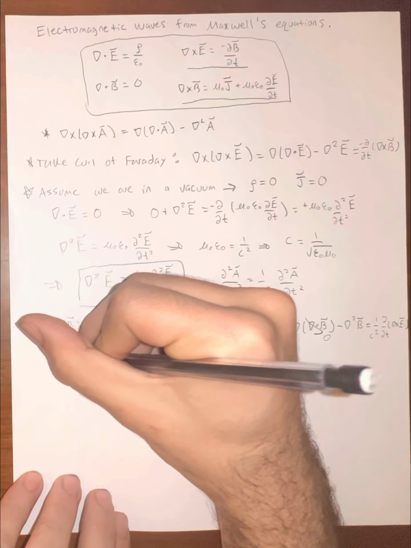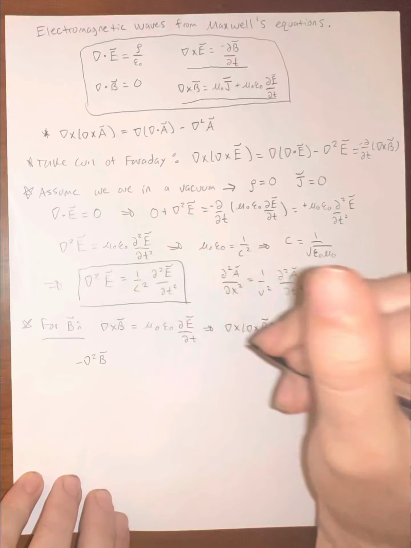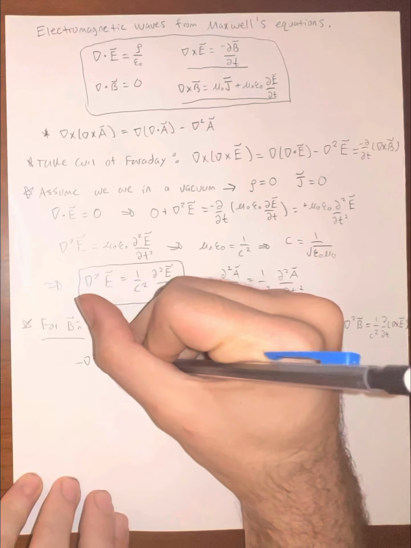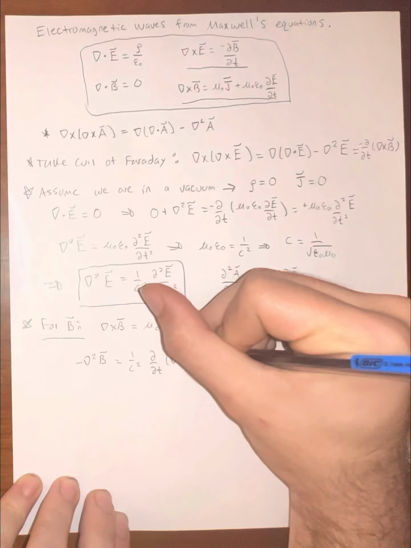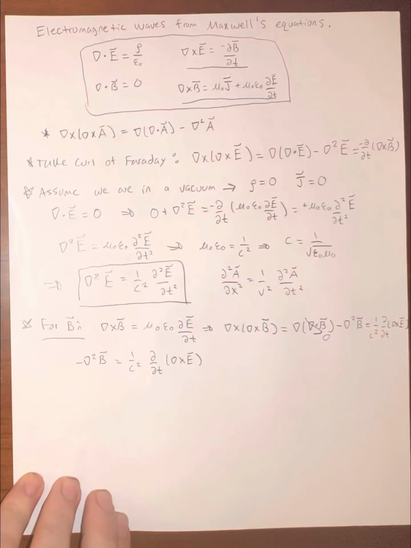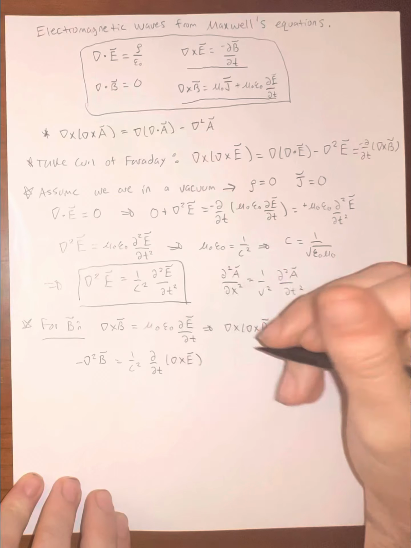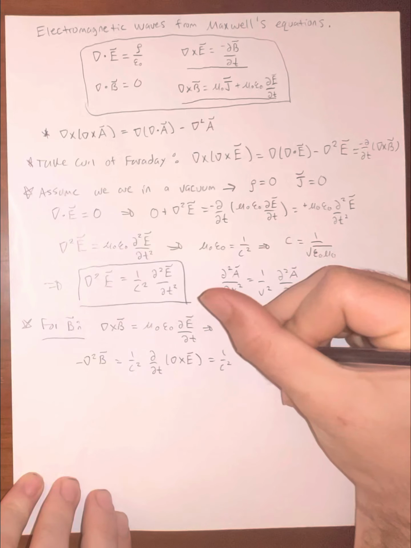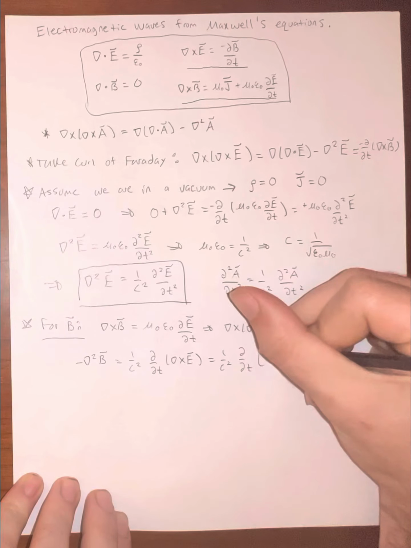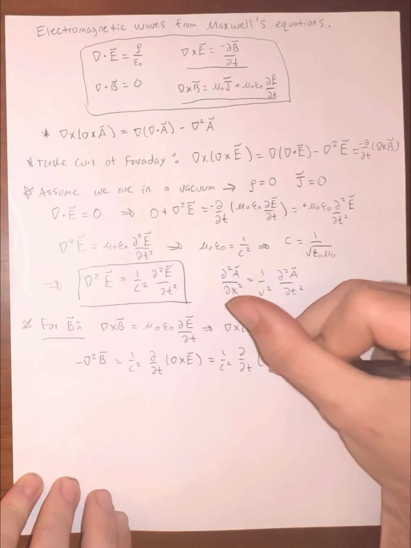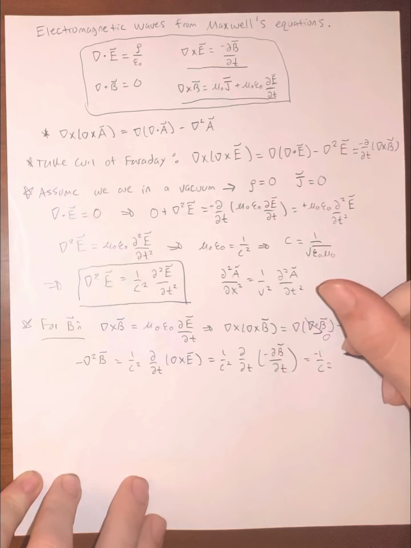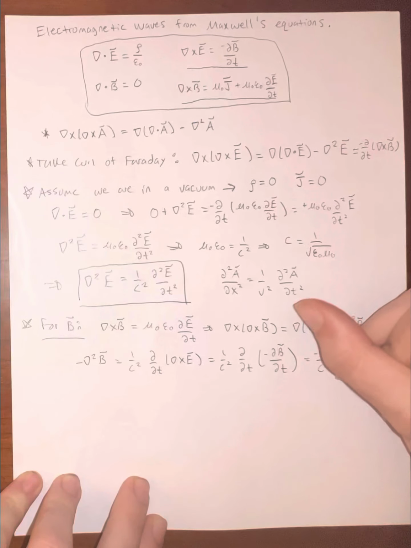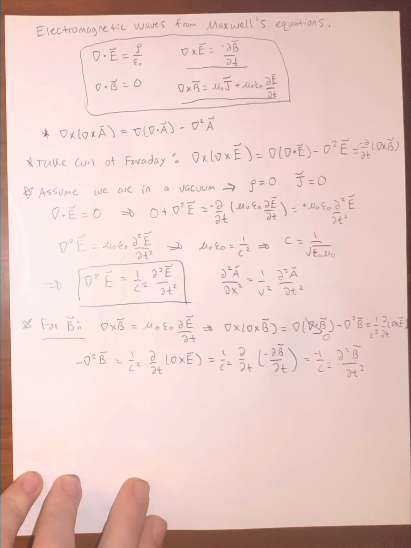And now we see that the negative Laplacian of B is 1 over c squared d by dt of del cross E, where del cross E is just taken from Faraday's law. So that's just 1 over c squared d dt of minus dB dt, which is just negative 1 over c squared d squared B dt squared.